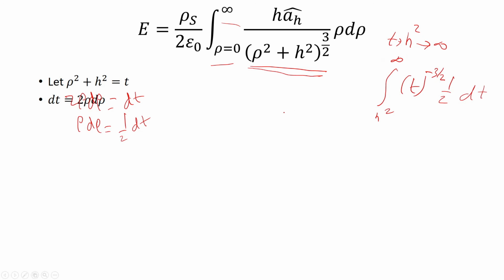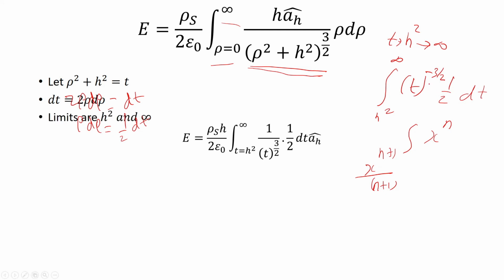Now you may know that the integral of x to the power of n is x to the power of n plus 1 by n plus 1. Applying this, if I integrate this term, I will get t to the power of minus 1 by 2 by minus 1 by 2.